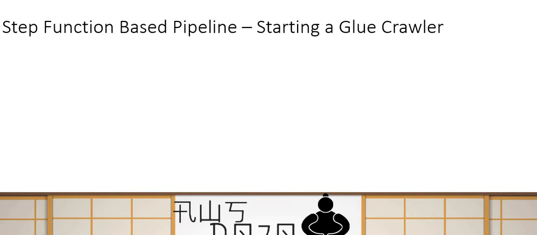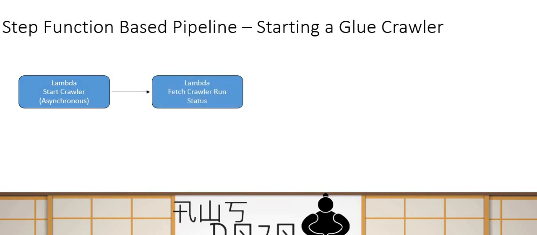Moving on, how do I start a Glue crawler? Let's see what the business logic looks like. If I'm taking approach number 2, in the business logic, I first start the Lambda function. I start the crawler using the Lambda function, and I don't wait. I simply fire and forget. So I'm starting the crawler. Then I call another Lambda function, which checks the status of the crawler I have just started.